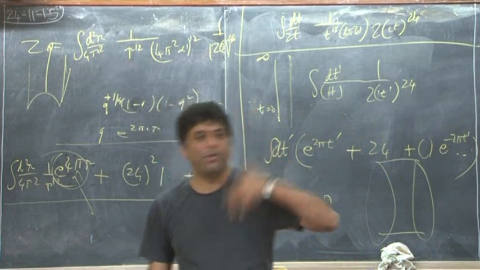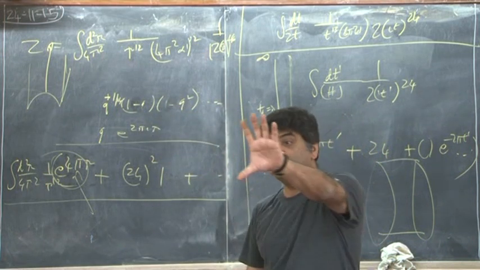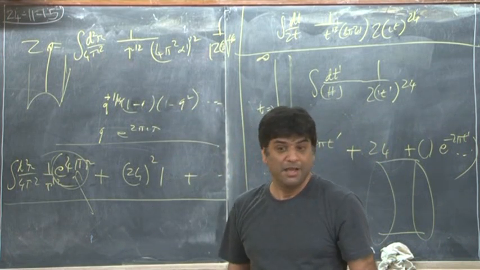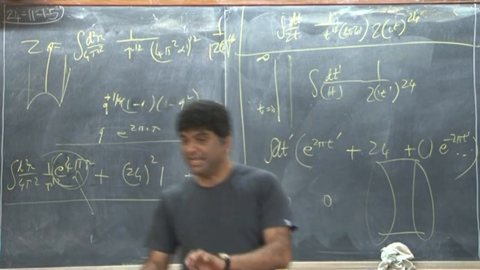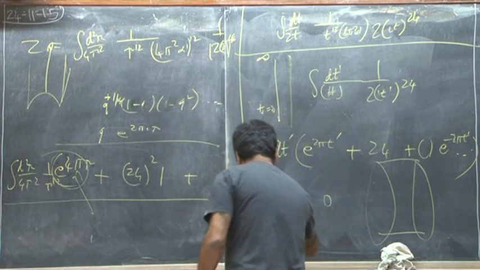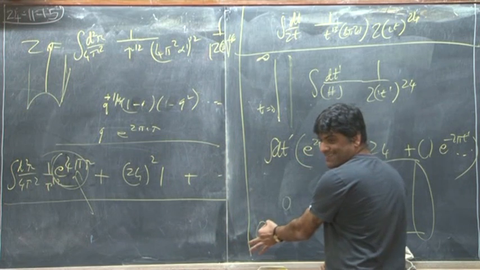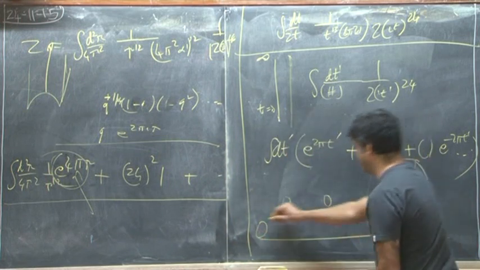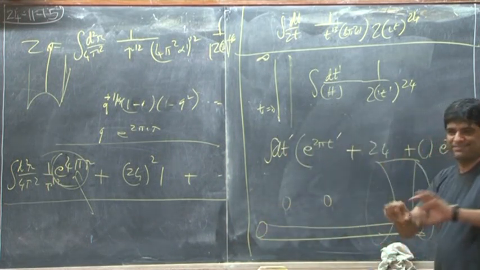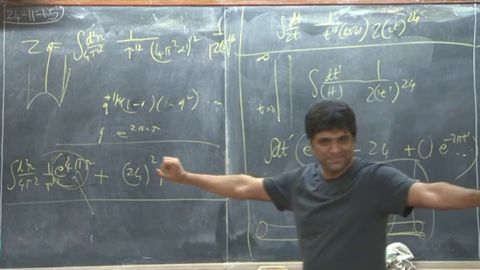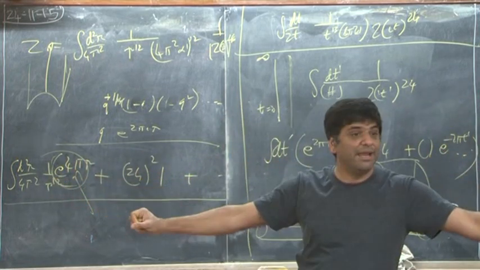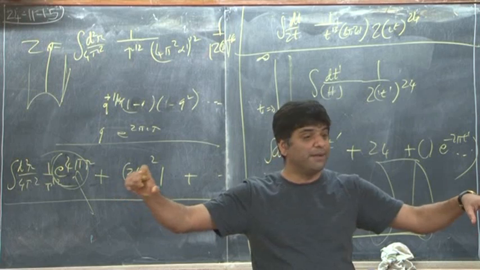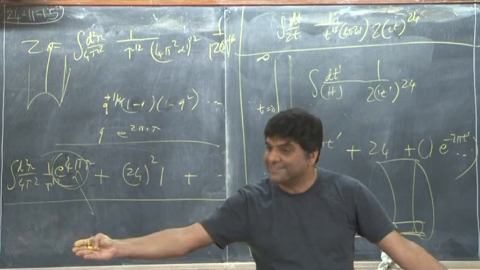That was IR open string physics. The other is UV open string physics. But we realized we could equally well think of that as a cylinder of fixed size, but propagating over a very long distance, like a normal transform. And therefore this became IR closed string physics.